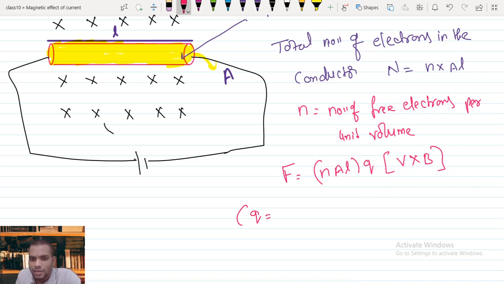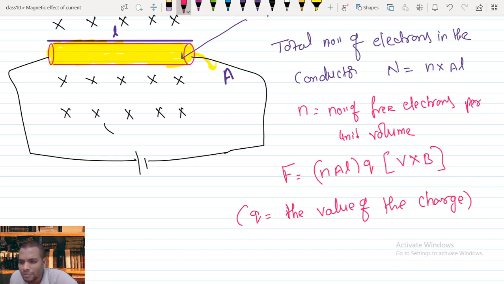Here Q is the value of the charge, the magnitude, not the direction. For an electron you can just substitute negative e, there is no big deal. And here V is the velocity of the charge, but we know that electrons move in a conductor with a drift velocity. So for V I added a suffix d, known as drift velocity, Vd.